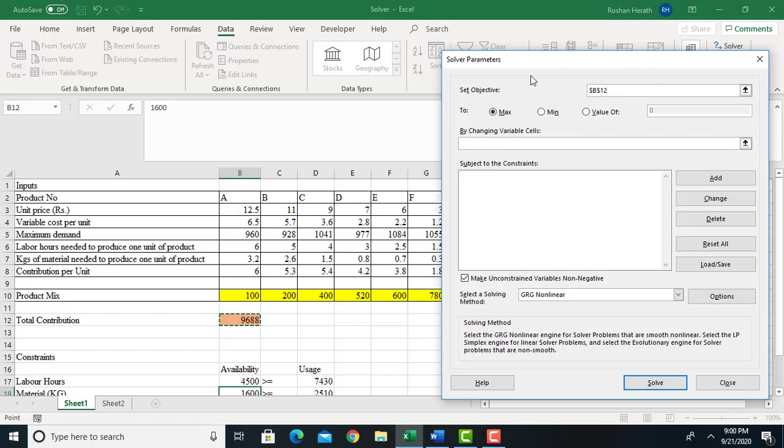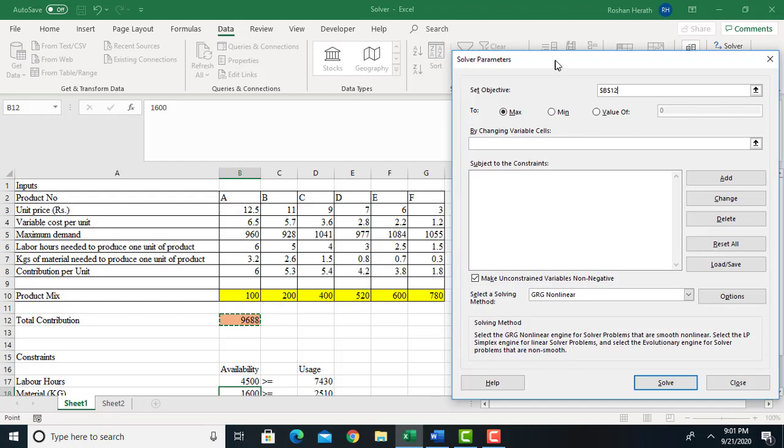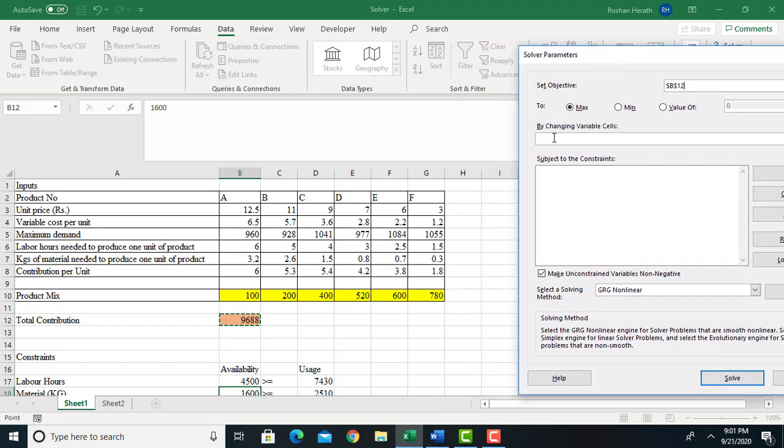So we mention what is the objective. Then it asks, what are the changing variables? By changing what, you are going to maximize the profit? By changing the product mix. By changing the product mix is how you're going to achieve this contribution or maximize this contribution.